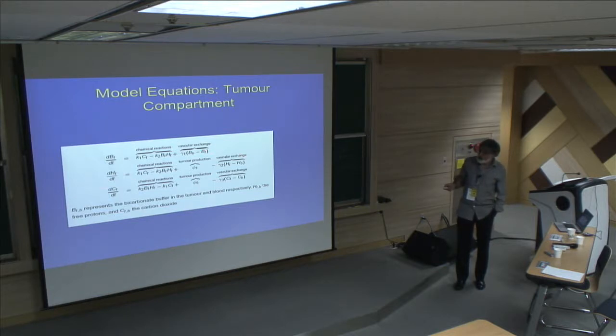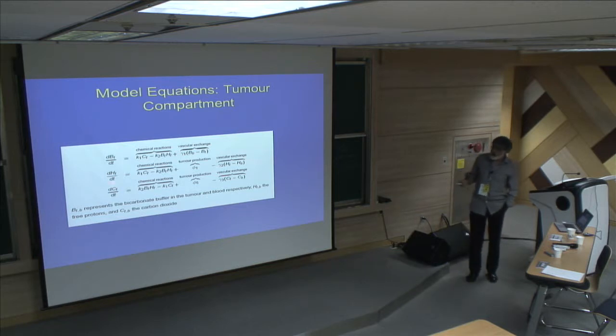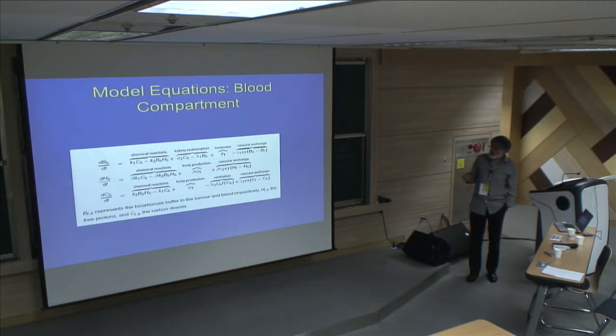And then the acid, same chemical reaction, but now we have the tumor production and the same vascular exchange. And then the carbon dioxide, we have chemical reaction, tumor production, and simple vascular exchange.